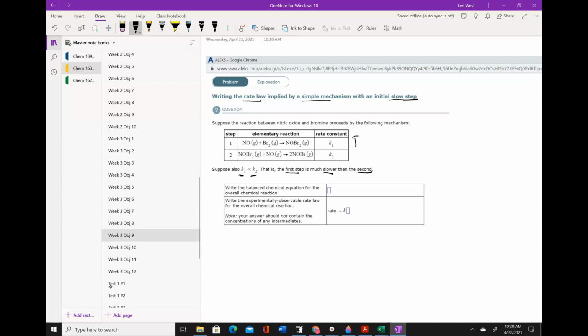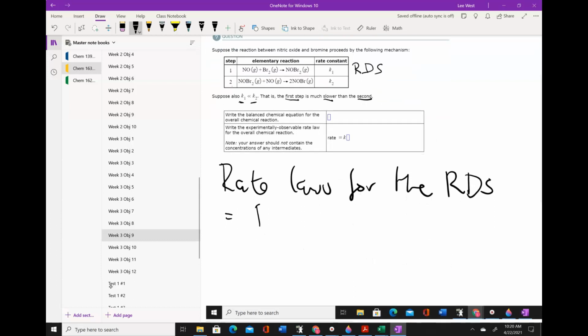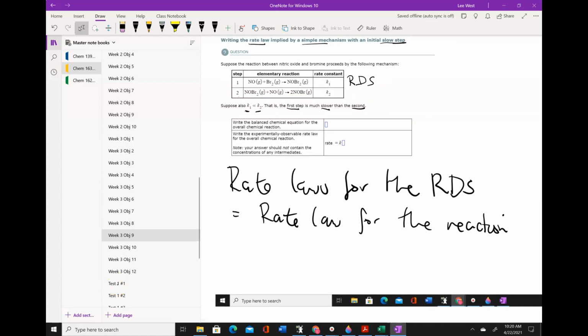So the first step is what we call the rate determining step, and the rate law for the rate determining step is equal to the rate law for the reaction. Because the second step goes so quick, it doesn't really slow it down at all. So that's what we want to keep in mind.